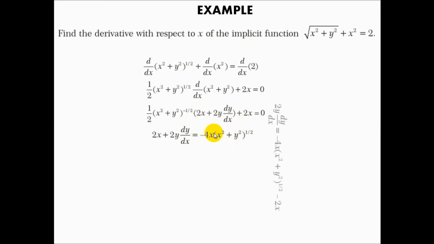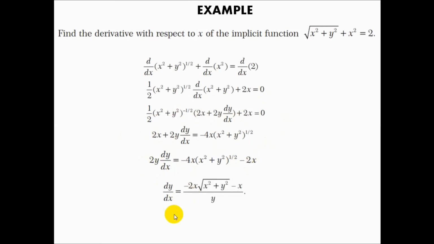Because on this side there must be only dy over dx, the 2x can go to the other side, and we can get dy over dx is minus 4x times x squared plus y squared to the power of half, minus 2x, over 2y. So we can get this function if we simplify that.